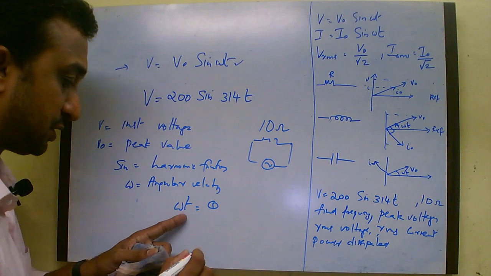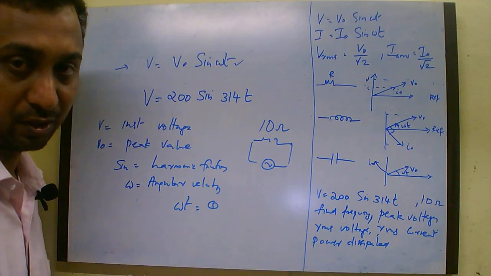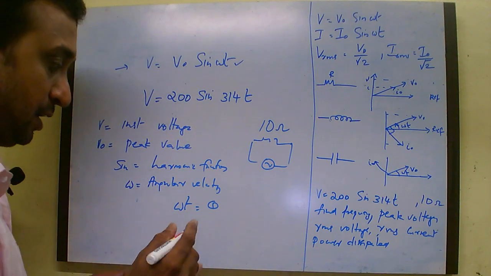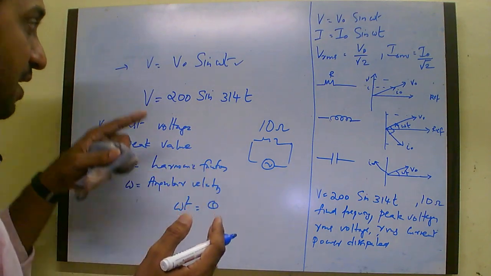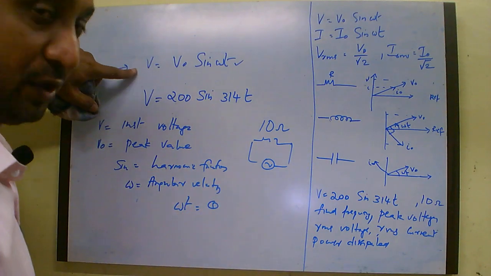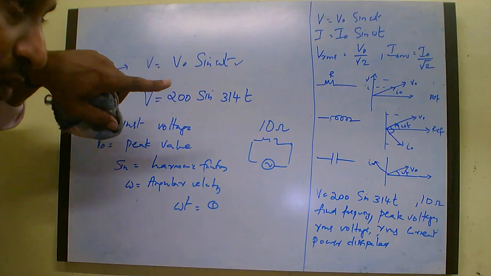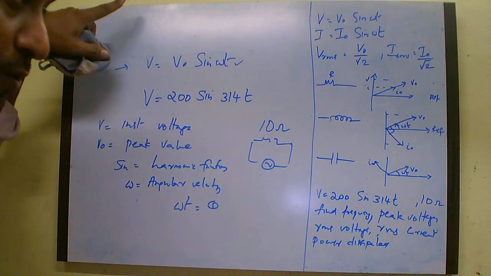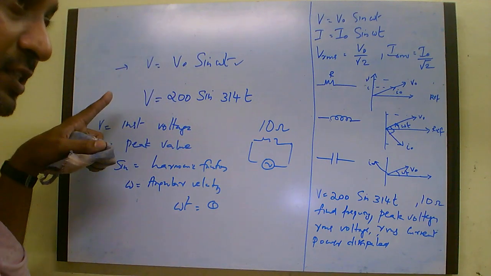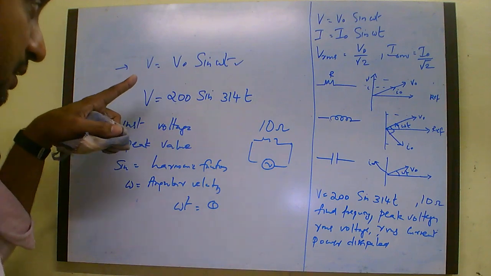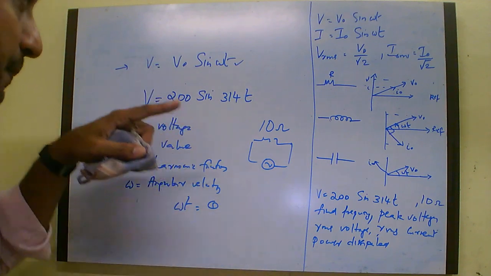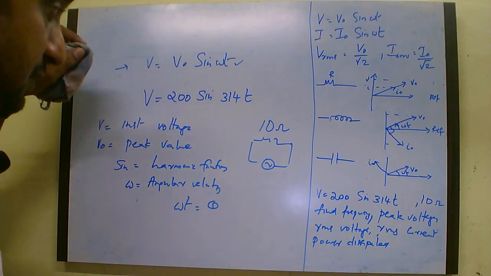So angular velocity multiplied by time gives you the angular displacement. As the angle changes, the instantaneous value of voltage varies from 0 to the peak value. Then again it reaches back to the 0 value. Again it repeats. So that's what this equation represents.